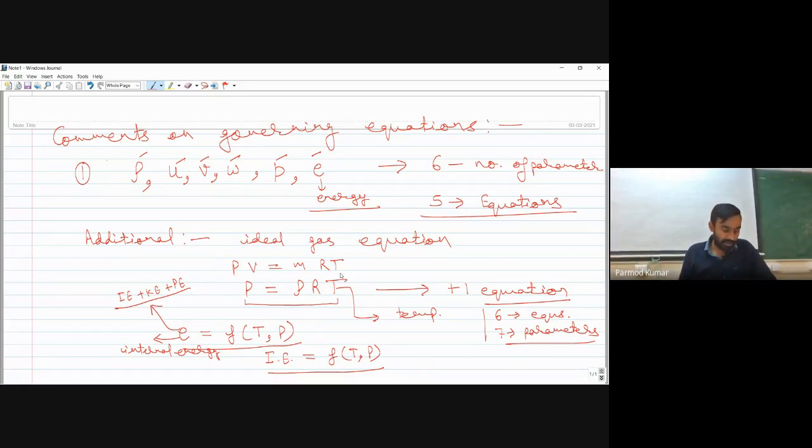That additional equation or relation, which is required to solve our flow field and determine the unknown parameters based on the governing equations we are having, we have to also employ the knowledge from basic thermodynamics, and the relationship between the energy and the other two parameters will actually help us in finding the solution of all these equations. Okay, so this is the first comment.